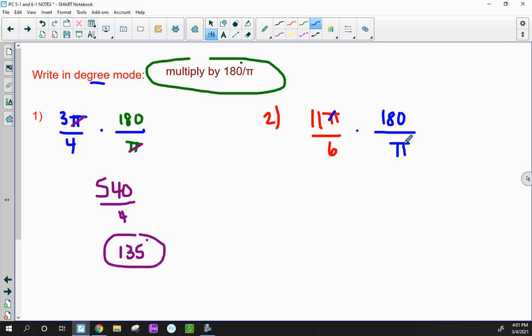Pi on top and pi on the bottom will just be 1. And then you're just going to go straight across. 11 times 180 is 1980, sorry, 1980. And you're going to divide that by 6. And so that answer is 330 degrees.